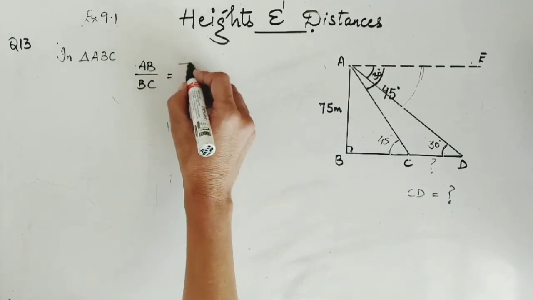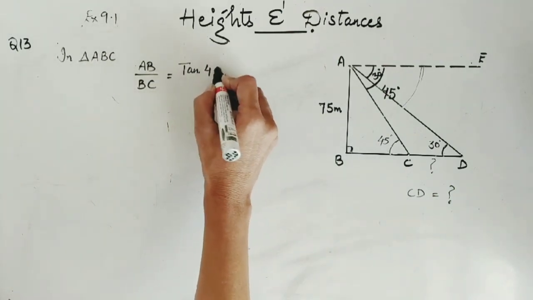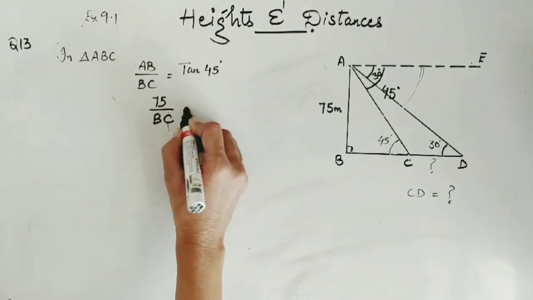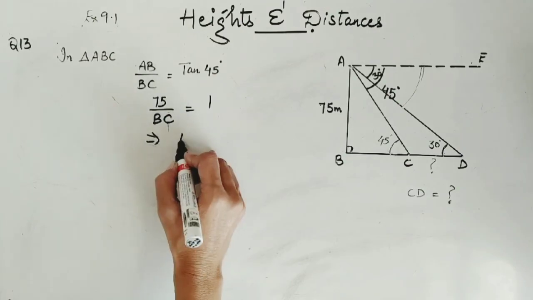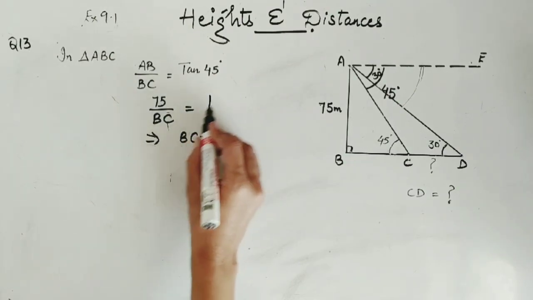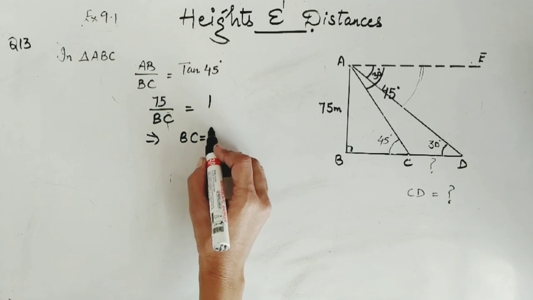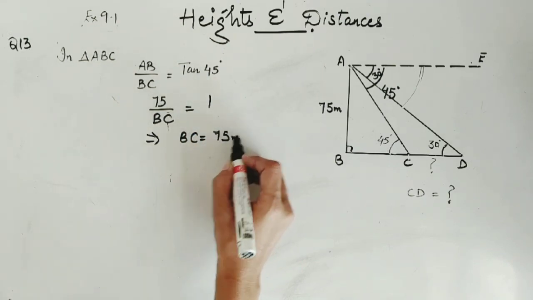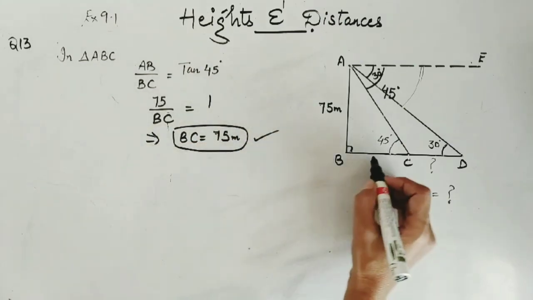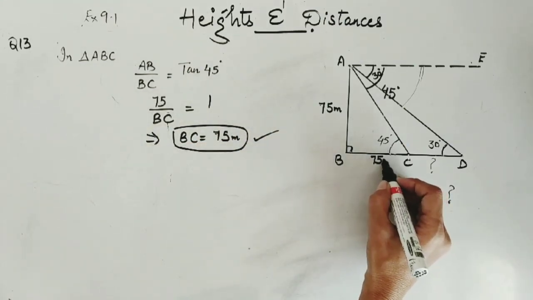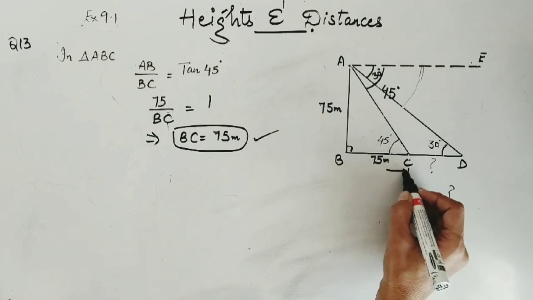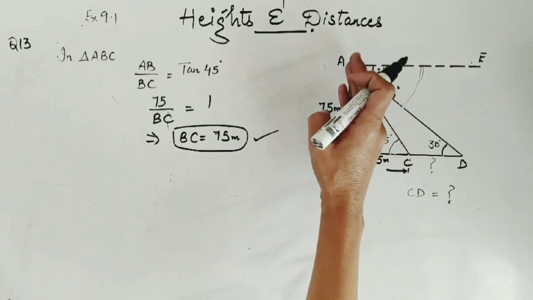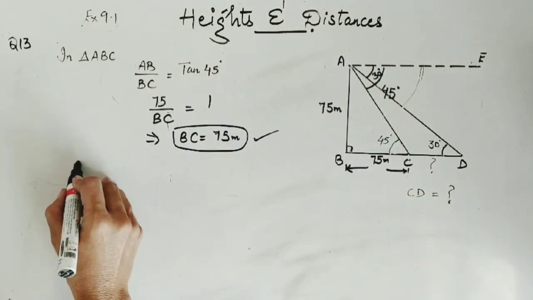So AB by BC is tan 45. AB is 75, BC is unknown, tan 45 is 1. So here we get our first value, tan 45 has given us 1, so BC becomes 75. BC is 75 meters. Then we would now take triangle ABD.